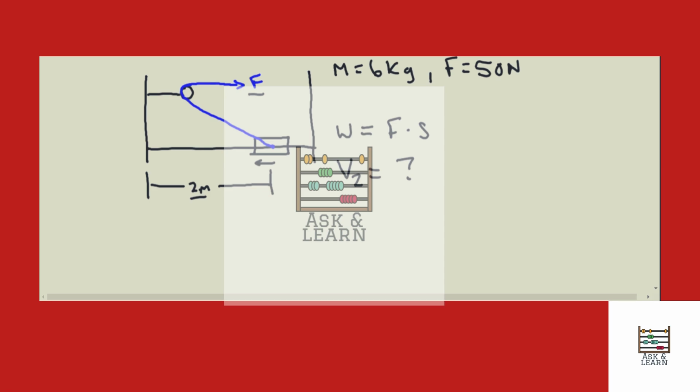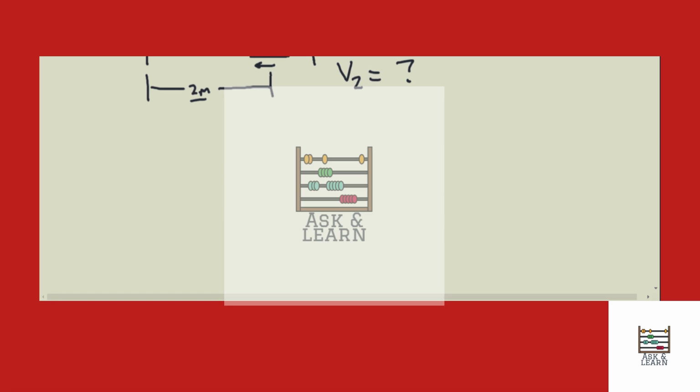Since we're dealing with work and we want to find a velocity, we can use the work energy principle, which is just the initial kinetic energy plus the work being done is equal to the final kinetic energy.